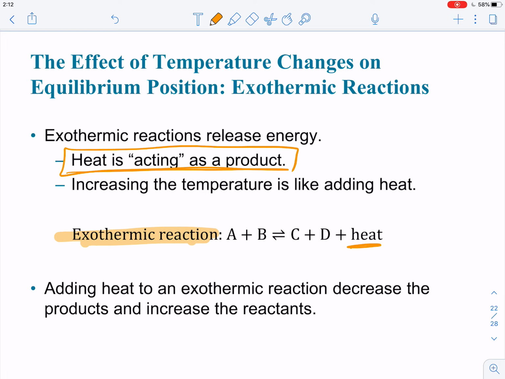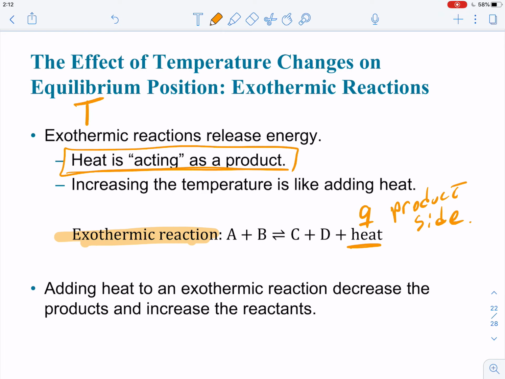You can just write it, or you can just put Q, but it's on the product side, okay? And once you see it that way, then it's easier to picture what happens with temperature, because increasing the temperature is equivalent to adding heat. Okay? If you increase temperature, it's equivalent to adding heat.